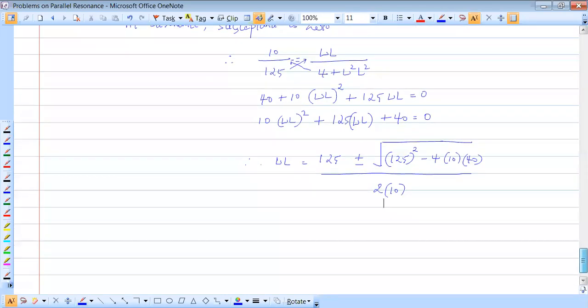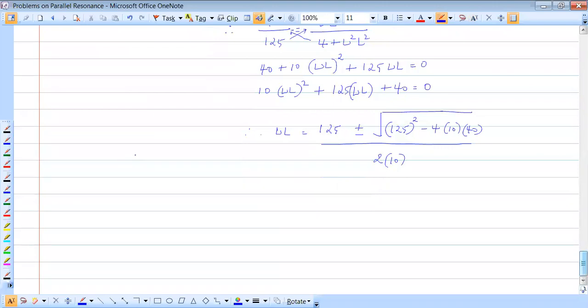Can anybody give me the answer? Therefore, omega L would look like 125 plus or minus square root of what? 14025. What is this?